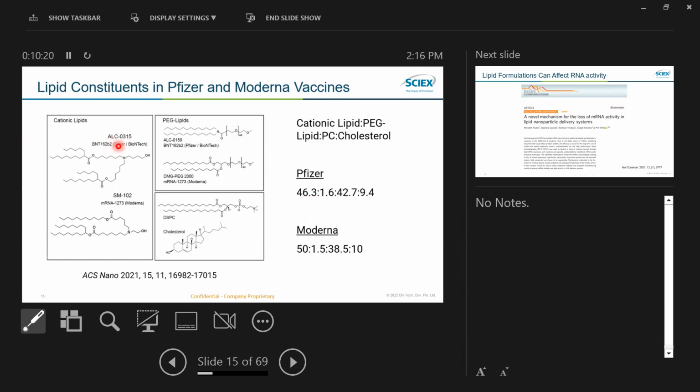The Pfizer lipid is ALC-0315. The Moderna lipid is SM-102. Both have that characteristic tertiary amine, as well as different branched aliphatic chains.